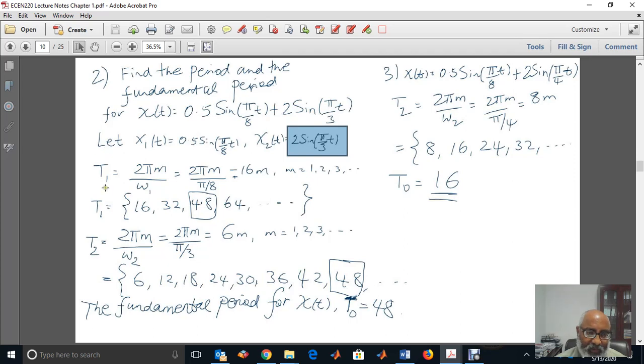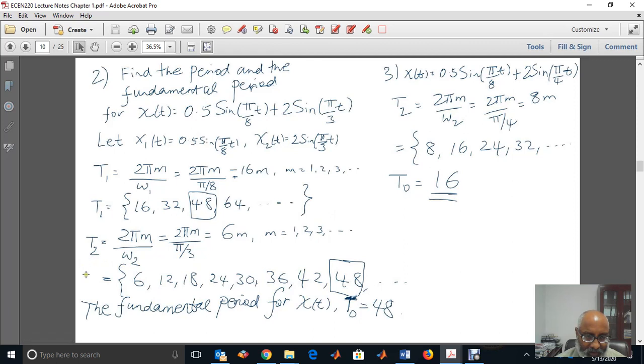Then I find the individual periods and select the smallest common one for the two sets. For the first part, T1 is 2 pi m over omega 1, which is 2 pi m over pi over 8, that is 16m, with m equal to 1, 2, 3. So it will be 16, 32, 48, 64, and so on.